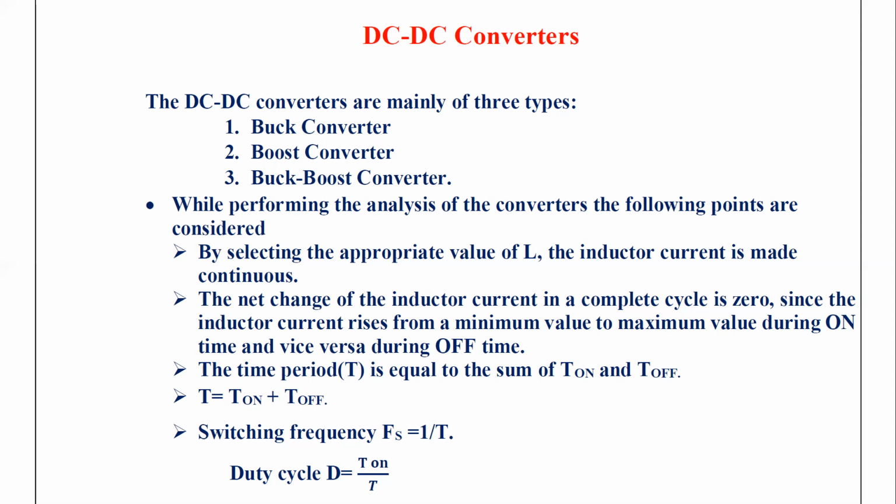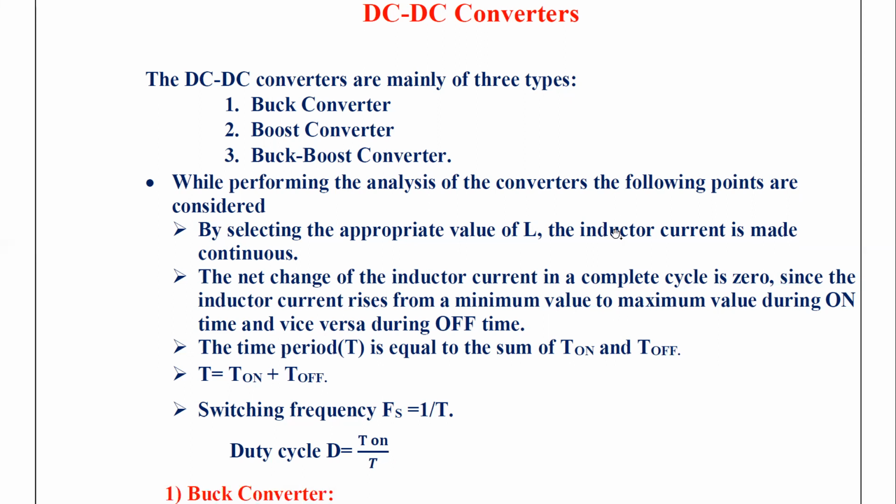Similarly, the duty cycle of a converter can be calculated as D is equal to turn on time divided by total time period, that is, D is equal to T on by T on plus T off, which is nothing but the total time period. Simply, you can write duty cycle D is equal to T on by T. These are the important points that we have to remember before starting the converters.